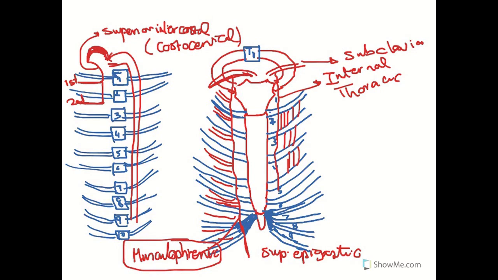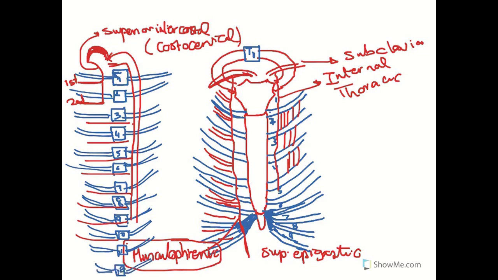And then from the 3rd to the 11th space, the descending thoracic aorta is supplying all these spaces. So from the 3rd space, 4th, 5th, 6th, down to the 11th space, all are supplied by the descending thoracic aorta.